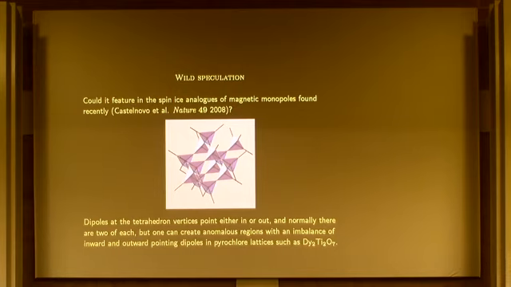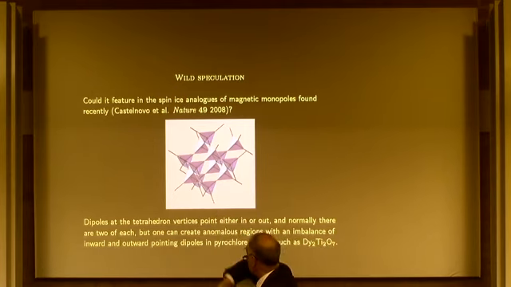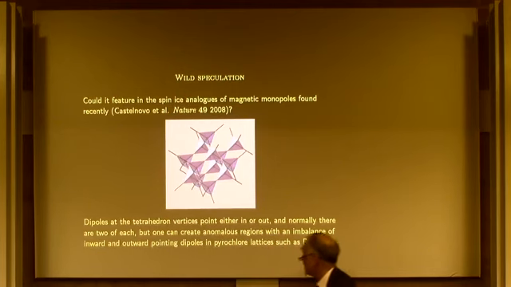There is a class of materials called spin ices, and it was discovered, I guess now almost 10 years ago, that you have analogues of magnetic monopoles in such materials. The point is, this thing's made up of lots of tetrahedral configurations, and at each vertex there's a dipole either pointing in or out, and generally you should have 2 in and 2 out. But you can create anomalous regions where that's not the case.